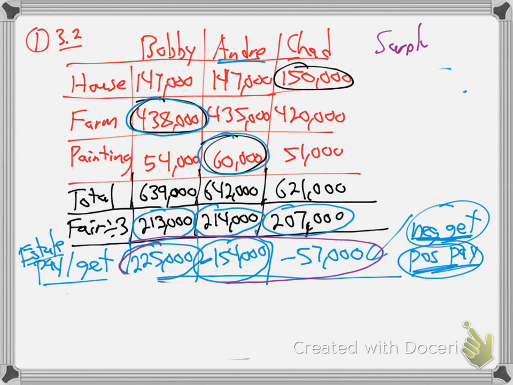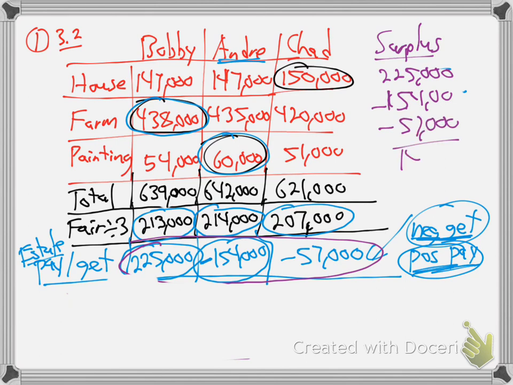Surplus is the 225 minus the 154, which I know we already did, just putting it on the screen again, minus 57. So that comes out to 14,000. Okay, now what do you do with that surplus? You divide it by 3 because it's extra money.